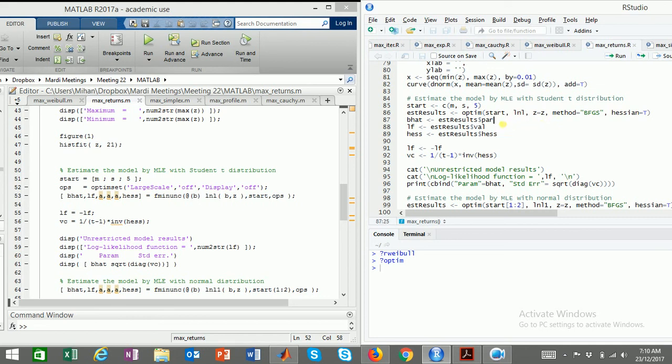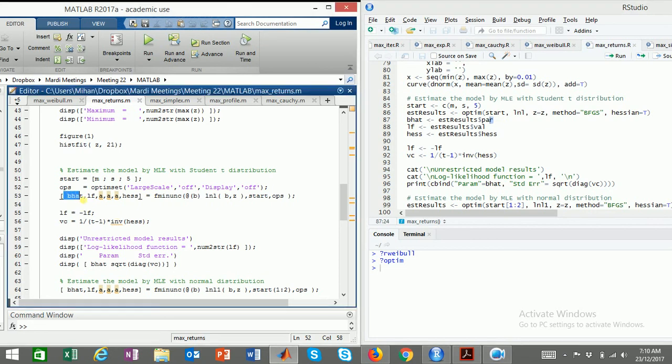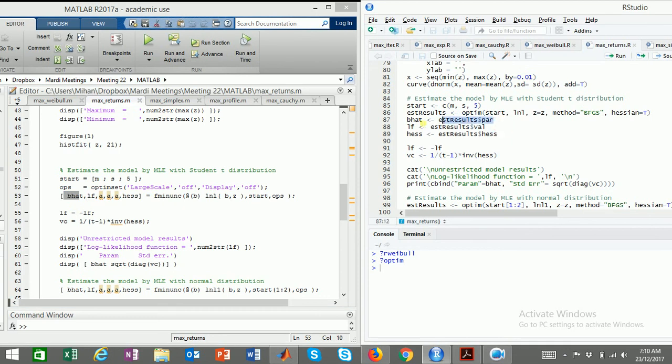So we estimate beta hat; the initialized value is stored in beta hat. Beta hat will have the estimated results, the par values, which are the parameters. The value is the log likelihood function value.